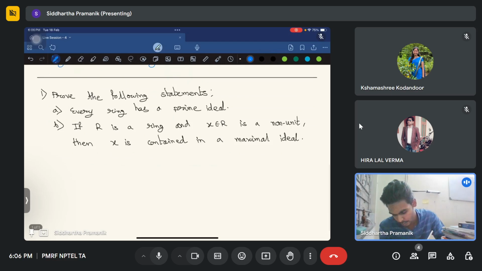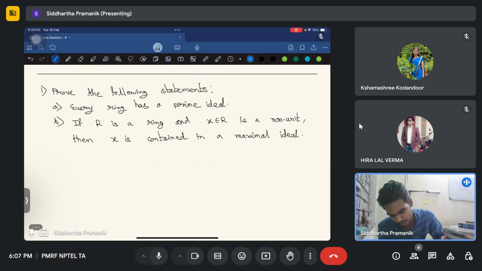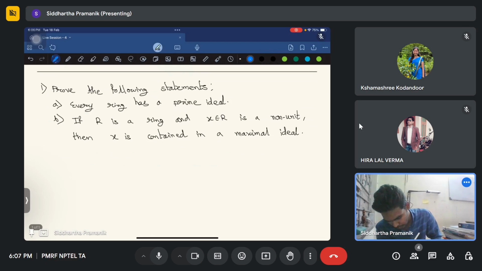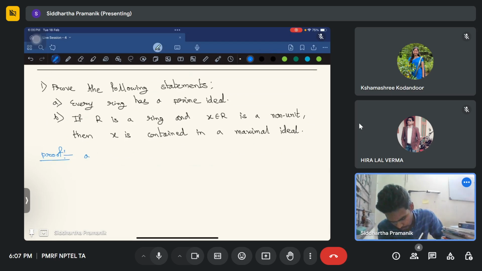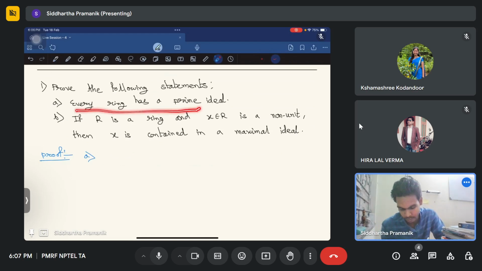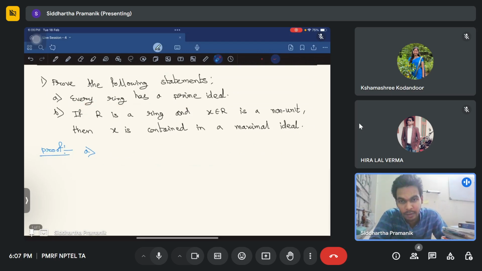So let's write down the proofs formally. The first one is every ring has a prime ideal. We know that every ring has a maximal ideal and every maximal ideal is a prime ideal. So from that this follows immediately.